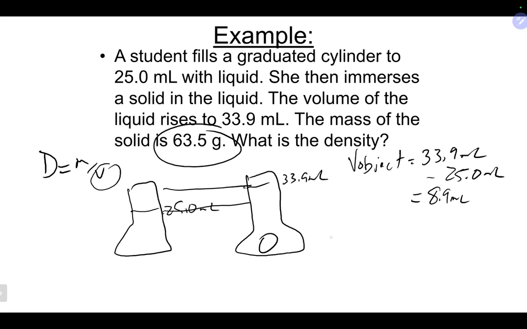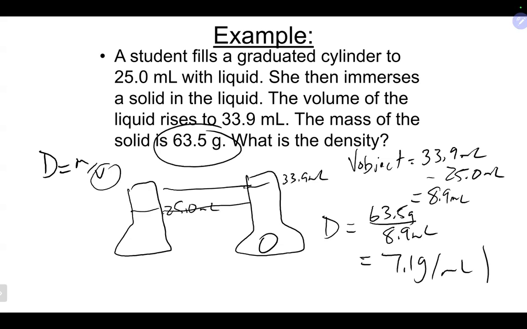So the density in this case would be 63.5 grams divided by 8.9 milliliters. And that's going to get us 7.1 grams per milliliter. First off, any questions on the calculation?